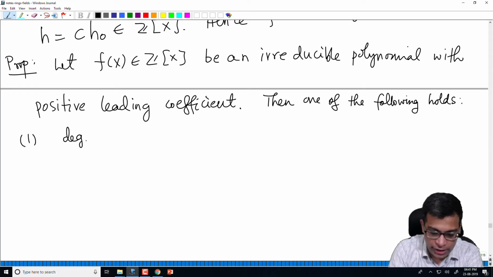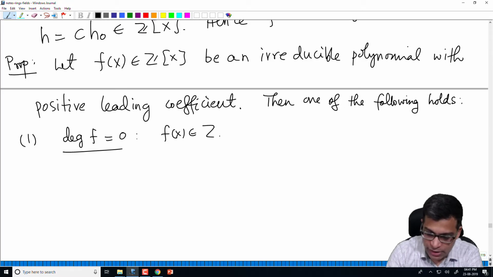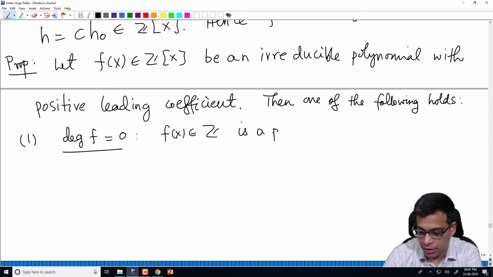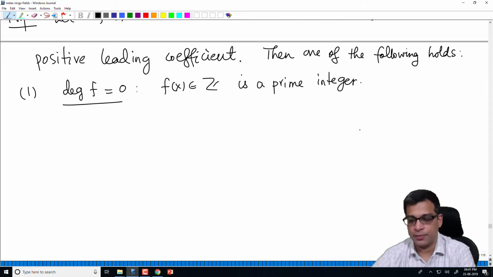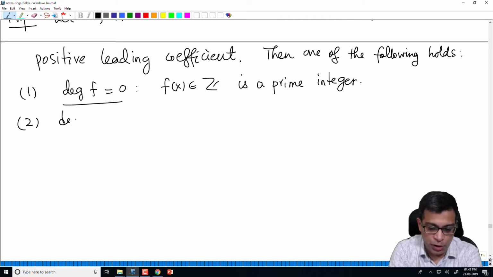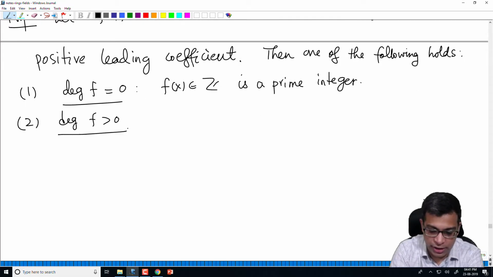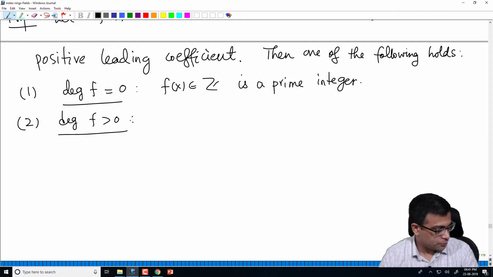One is the degree of f is 0. This is possible, in which case f(x), which is actually in Z now, is a prime integer. So one possibility is it is a constant polynomial, in which case it must be a prime number. Second possibility is it's not constant, in other words its degree is positive.